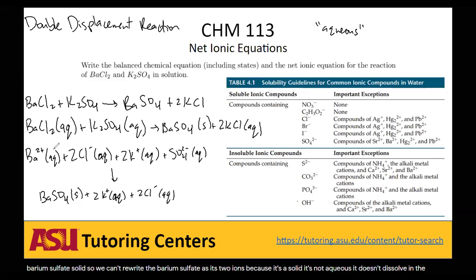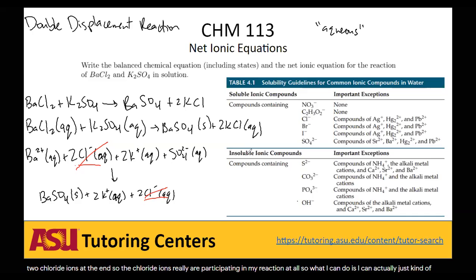And now what you do is you look at your reactants and you look at your products and you ask, okay, what's actually participating in this reaction? Because if I look here, I have 2 chloride ions at the beginning, and I have 2 chloride ions at the end. So the chloride ions really aren't participating in my reaction at all. So I can actually just ignore them, get rid of them, because they're not doing anything.